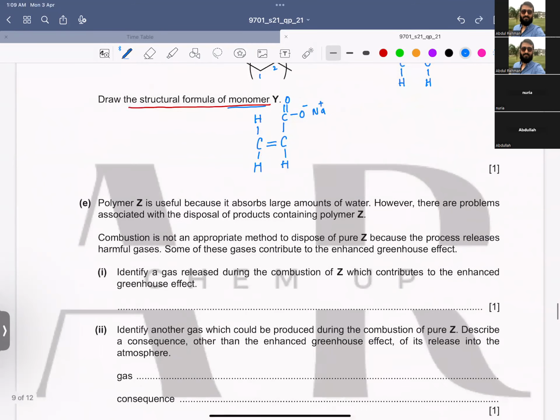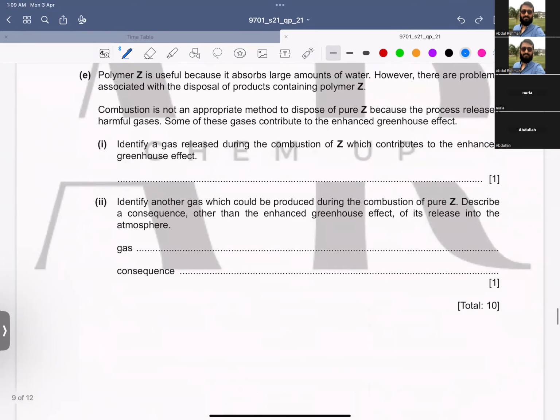Now, E part. Polymer Z is useful because it absorbs a large amount of water. However, there are problems associated with the disposal of products containing polymer Z. Combustion is not an appropriate method to dispose of pure Z because the process releases harmful gases.